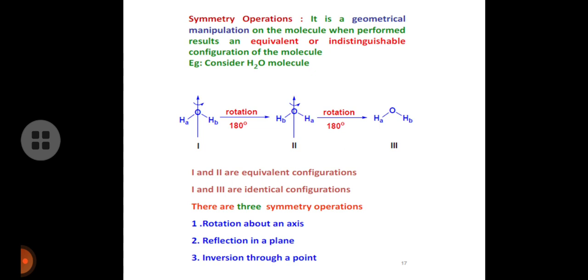For example, consider the H2O molecule. Every 180 degrees rotation will give another structure. 1 and 2 are equivalent configurations, 1 and 3 are identical configurations. There are three symmetry operations: rotation about an axis, reflection in a plane, and inversion through a point.